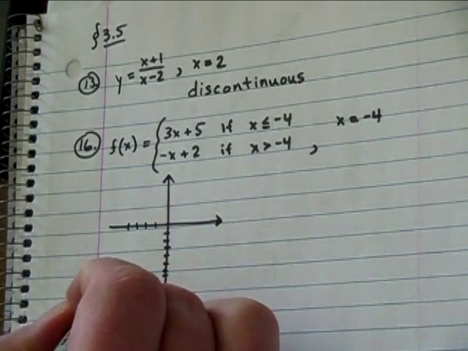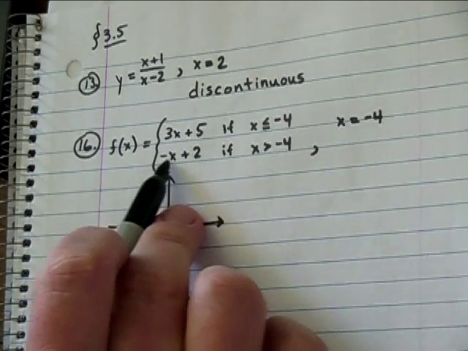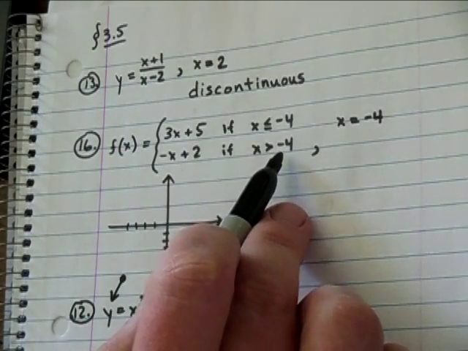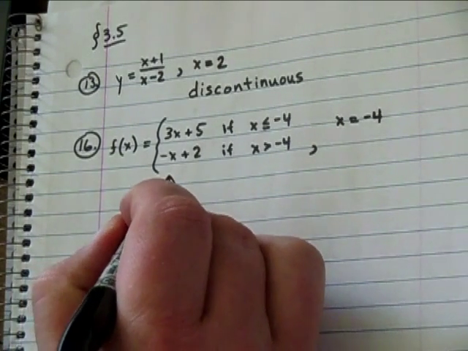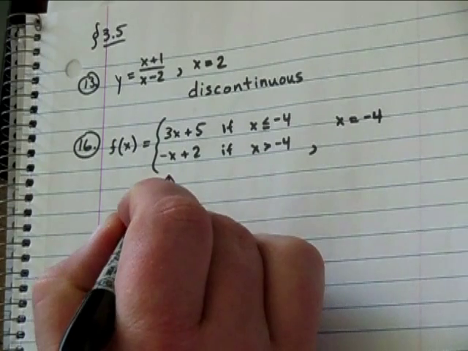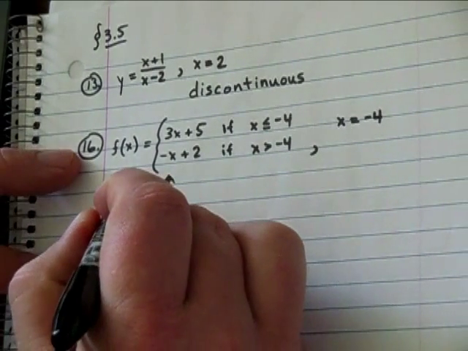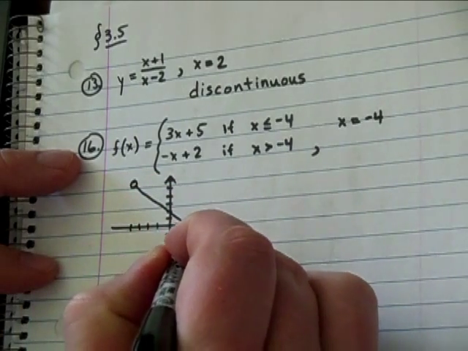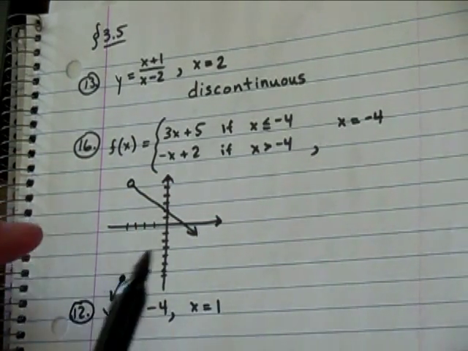And so you would have a piece of your graph that looks like this, whereas over here, when you plug in values that are greater than -4, then what you'll end up with is y values that get almost up to +6. And you end up with the other piece of your graph looking like this. So you can see by the graph that it's discontinuous.